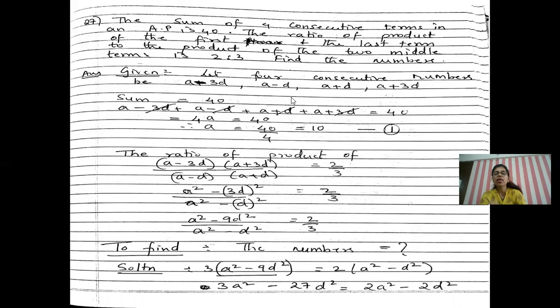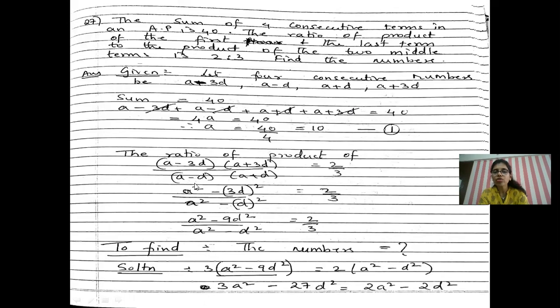It's not mentioned whether it should be ascending or descending, but as it is mentioned AP, you write it in ascending order. So A minus 3D, as it is the smallest number, will come first, then A minus D, then A plus D and A plus 3D. So the middle two numbers are A minus D and A plus D, and you write that down.